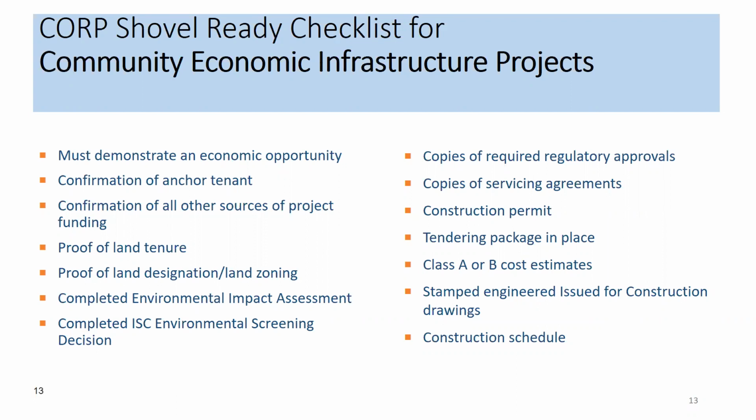Servicing agreements, so that could be with the municipality for water, as well as hydro. Any kind of service agreements that are required, we need copies of that. A tendering package is in place. Class A or B cost estimates have been obtained, and a stamped engineered issued-for-construction drawings, as well as the construction schedule.